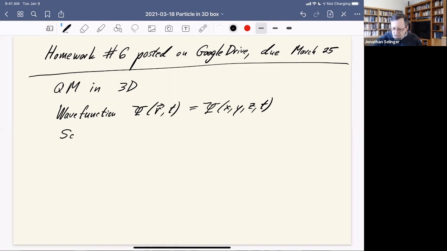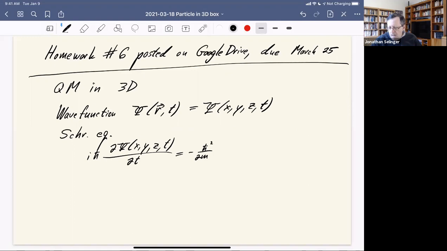So, for example, Schrodinger's equation that shows how a wave function changes in time: we have i h bar times the partial derivative of psi with respect to the 1 variable time, equal to negative h bar squared over 2m times the sum of all the second derivatives.